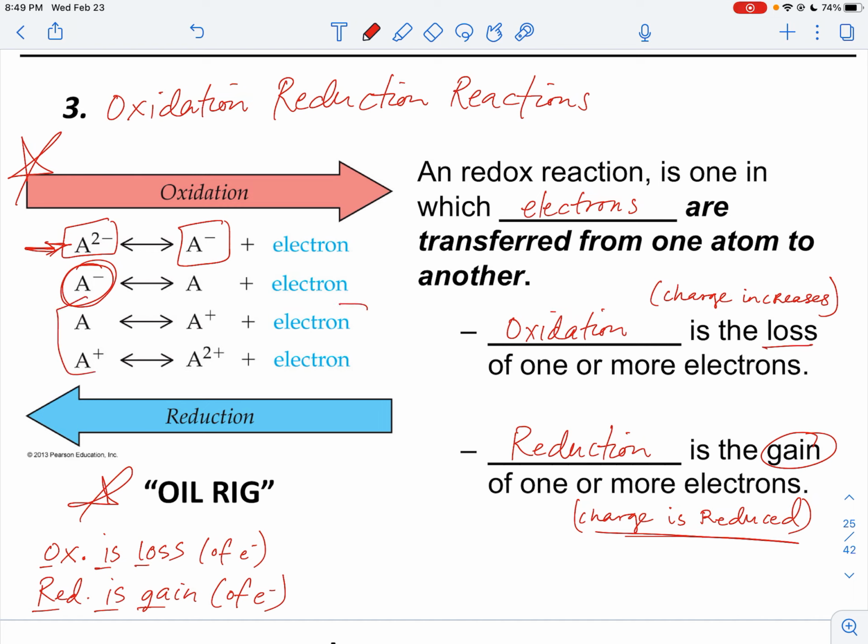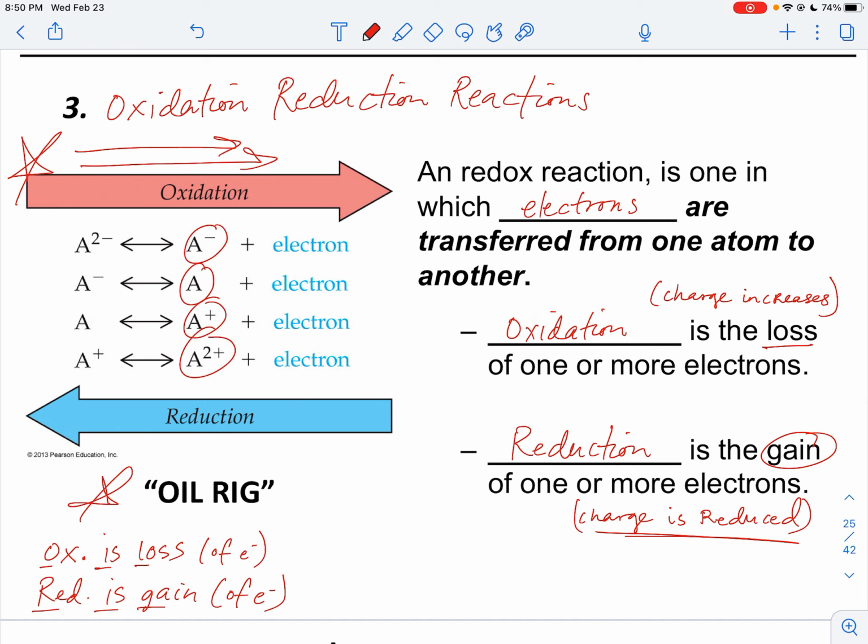And then these two are what you'd be most familiar with, something becoming a +1 or going from a +1 to a +2. That is all oxidation. If you follow this figure to the right, all of these processes, as you read it from left to right, are oxidation. On the flip side, if we take any one of these right here and follow this figure to the left, the process that we see is reduction.